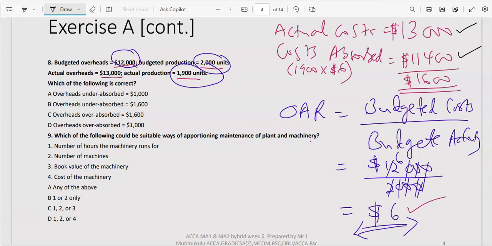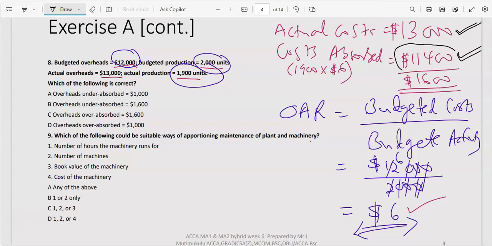I mean, according to the overhead absorption rate, 1,900 units should cost 11,400 to produce, according to our plan. However, they cost 13,000. So this means that we under-absorbed, okay?